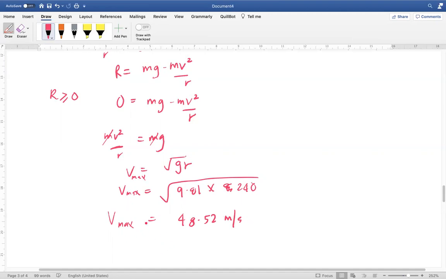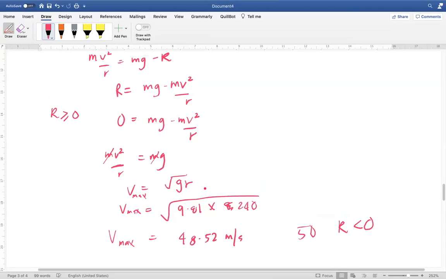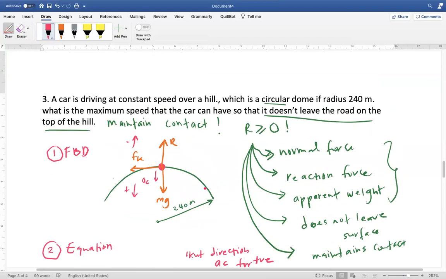So the maximum speed that the car can have sebelum dia jatuh gaung is 48.52. Kalau speed dia 50, R is less than 0, no contact, terbabas. So the speed yang dia boleh ada is this much, tu maximum dia. Okay, so soalan ni, what we had to understand was this part.